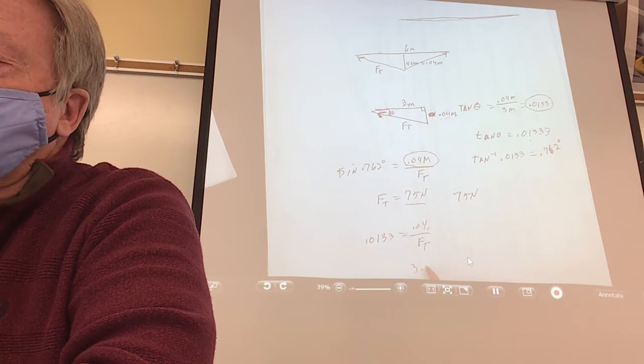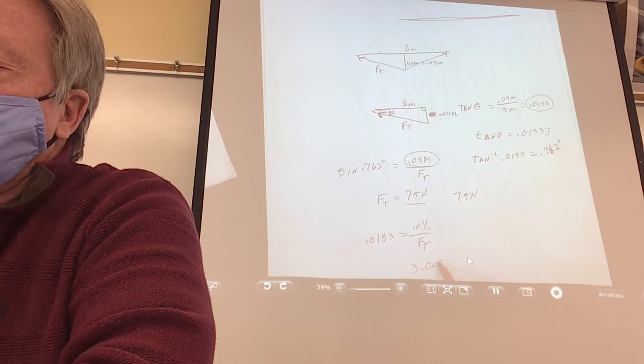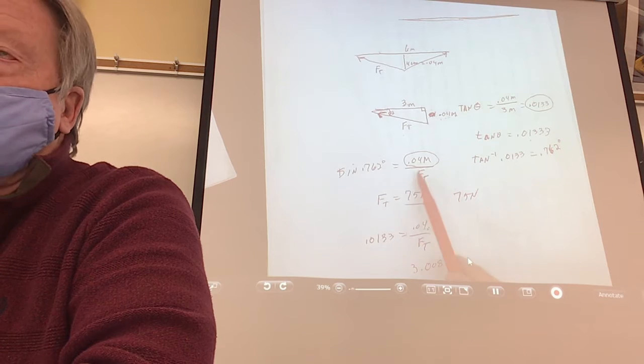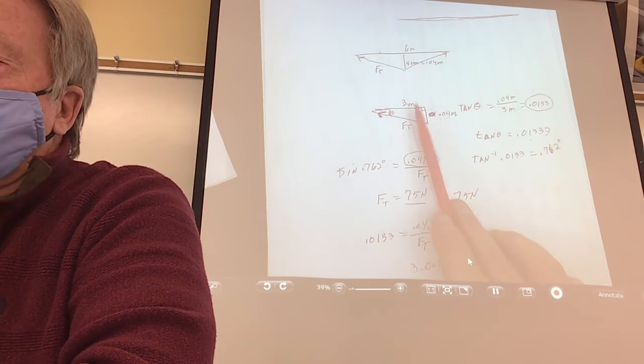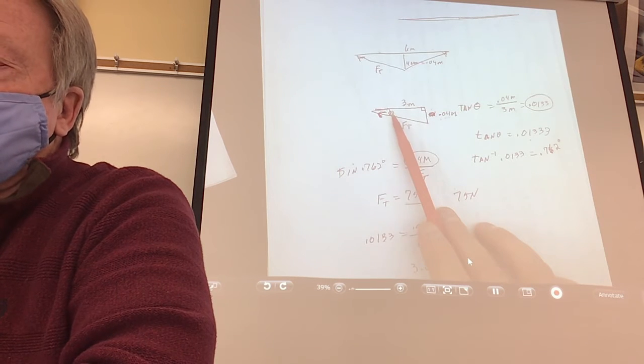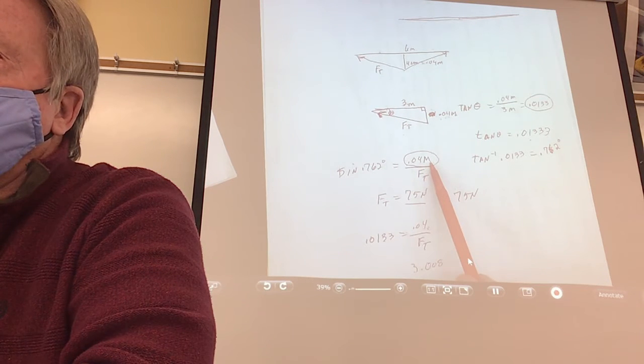All right, now, so which one is right? I made a mistake here, but what's wrong with this? I put 0.04 here. We had to use the distances to find the angle, but what's wrong with that? What should I put here?